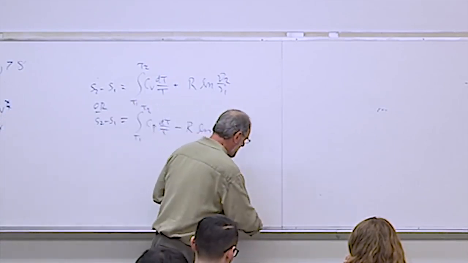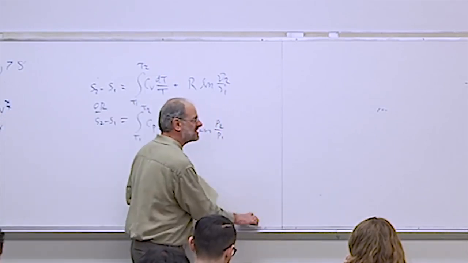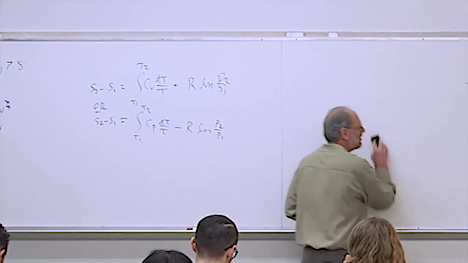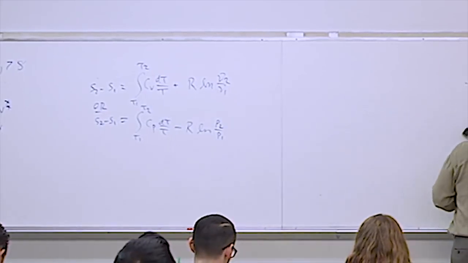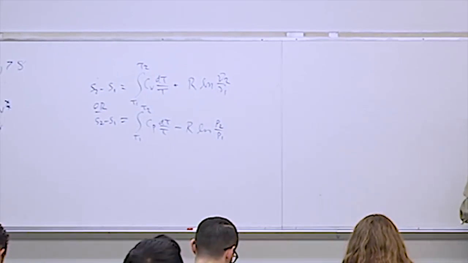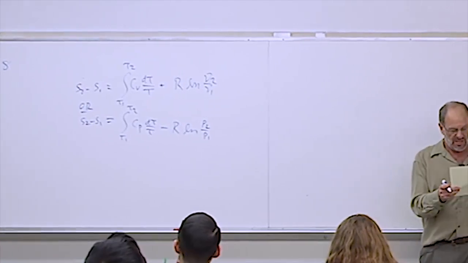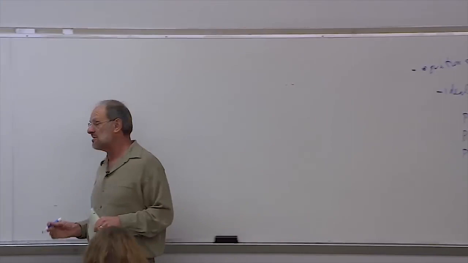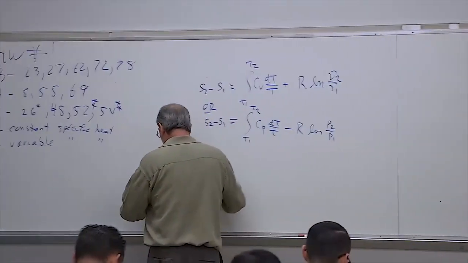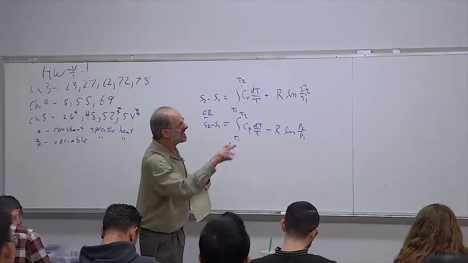Now, I mentioned that there's simple ways to find these, that we don't really always have to do the entire integration. So one of the easiest ways is just assume that Cp and Cv are constants. Again, we're still talking about ideal gases here.